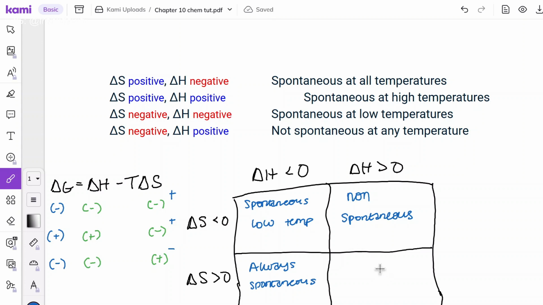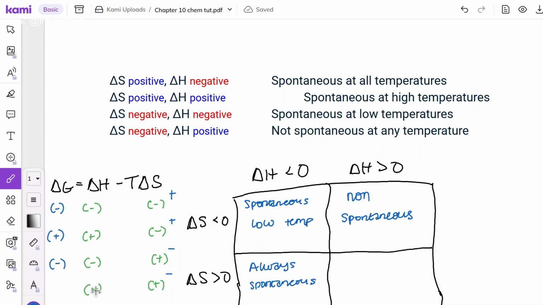And now we get to the last one, where delta H is positive and delta S is positive as well. Remember, the negative sign changes this to a negative, so that means the delta S part is negative.